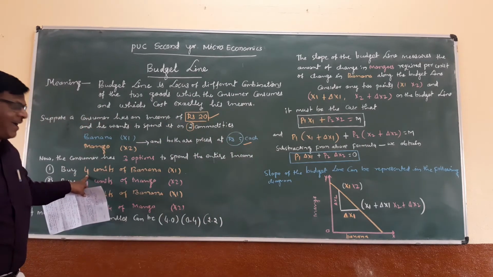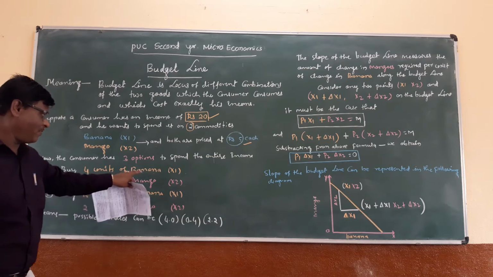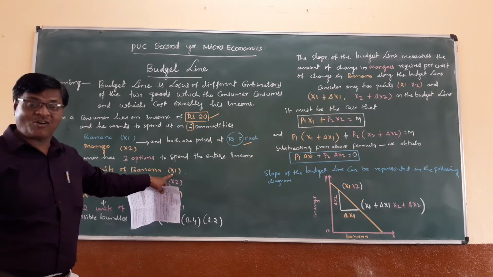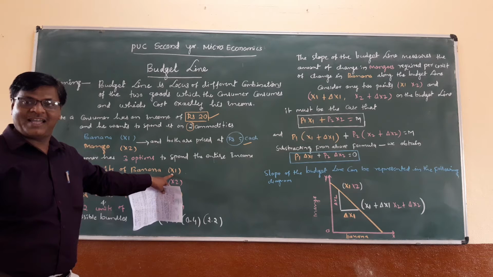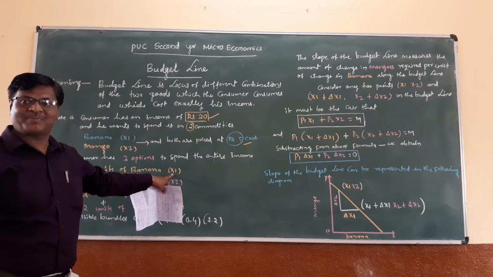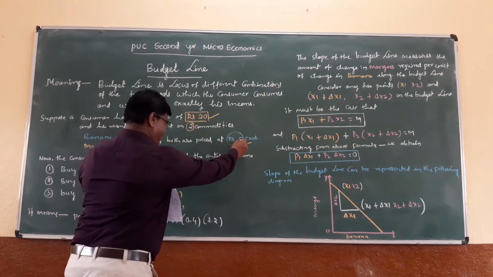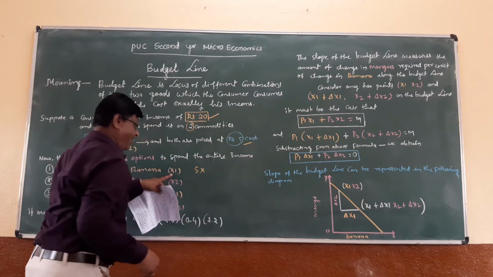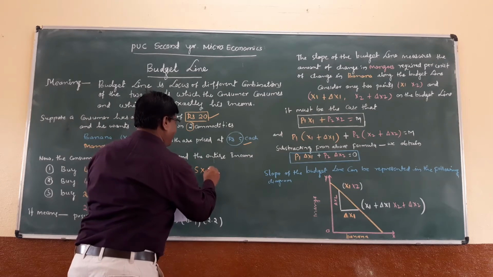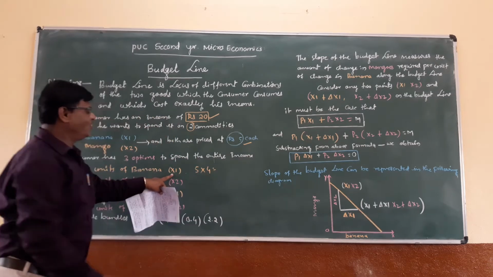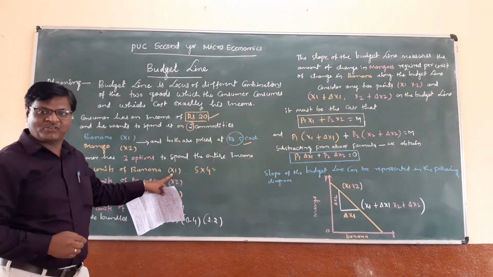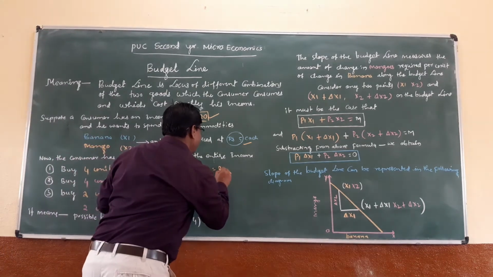The consumer can buy 4 units of banana X1. Its price is 5. He can buy 4 bananas, 5 rupees each, 5 into 4 is equal to 20.